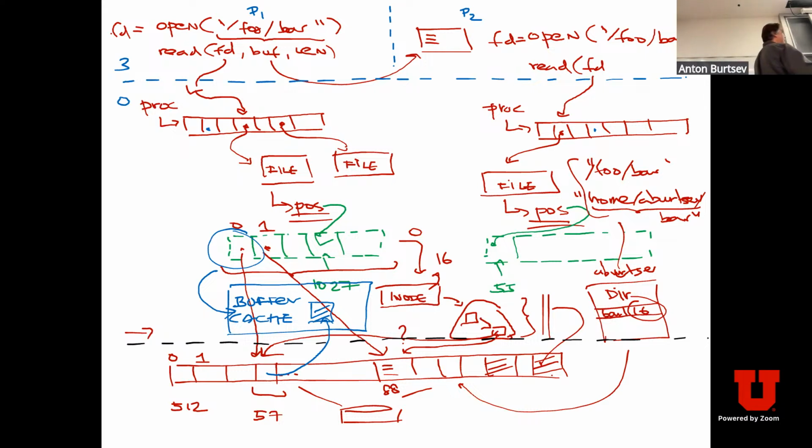So this buffer cache layer allows us to avoid going to disk all the time. It depends on the workload, but for example, the root folder will be probably read quite often, right? Because every time we open a file, we probably will go through the root folder, right?